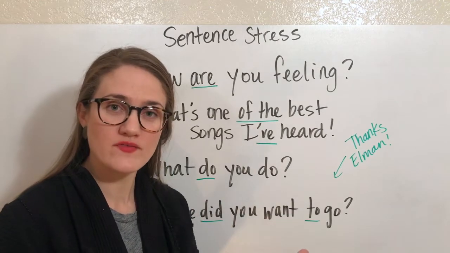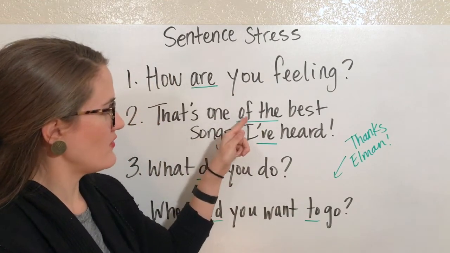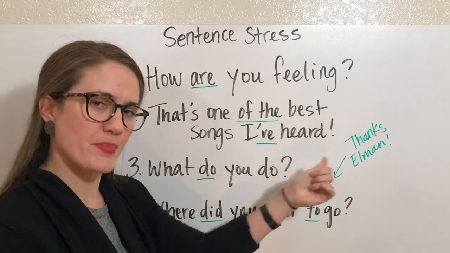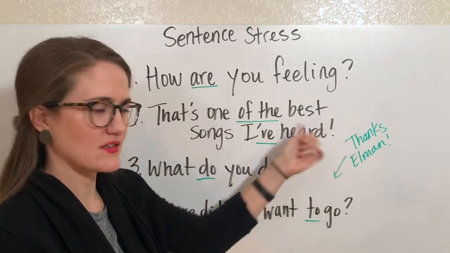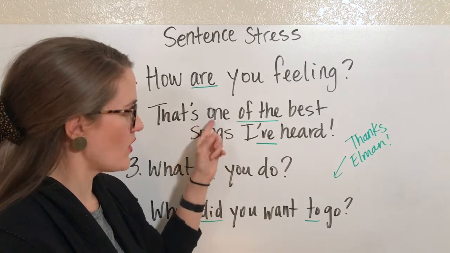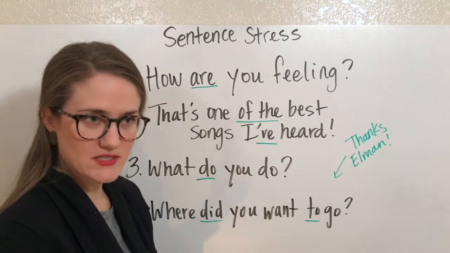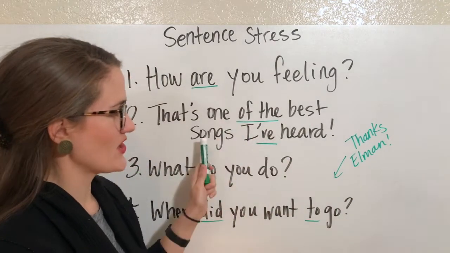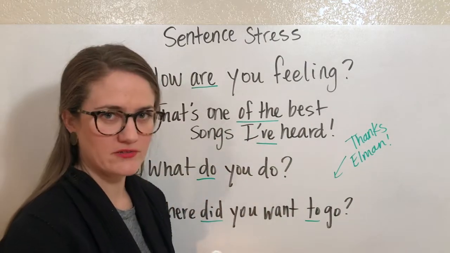Wow, that's one of the best. One of the best. In this sentence, I can hear one and I can hear best. One of the best. That's one of the best songs I've heard.